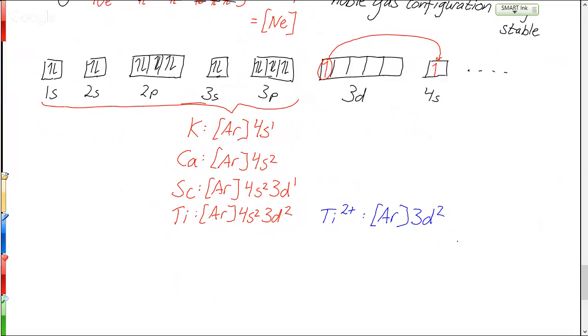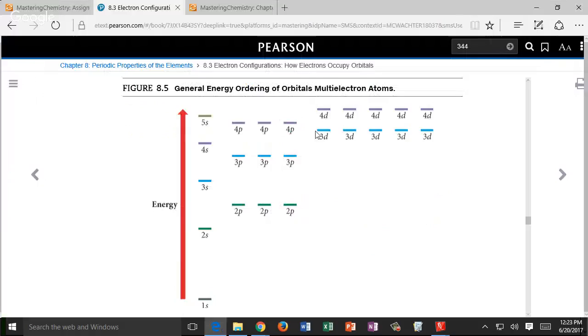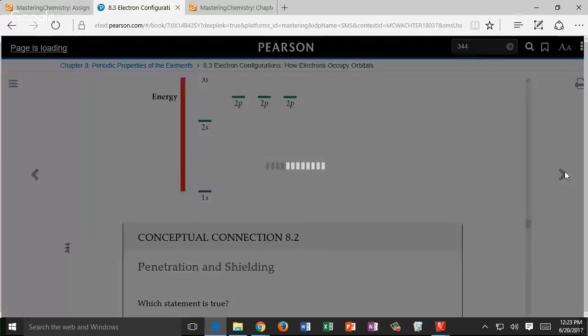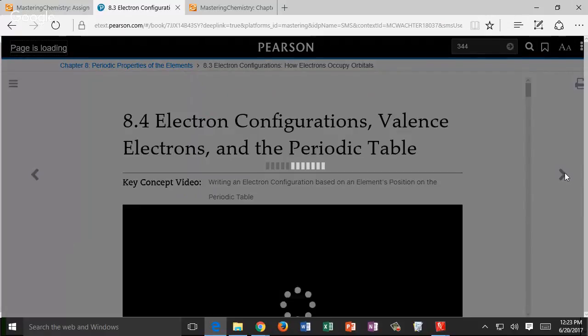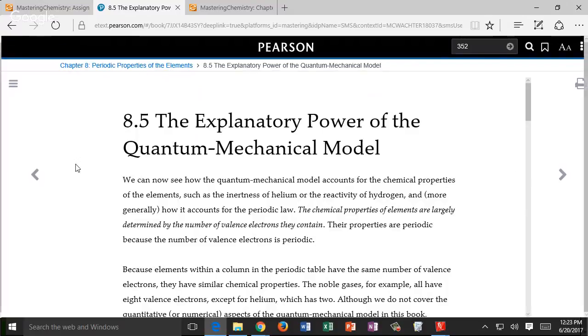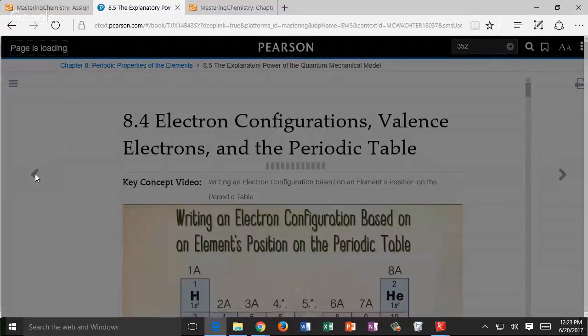All right, so rather than count all these out over and over again, let's grab a chart from the book so we can have it in the notes and talk about some of the weirder ones that are going to come up here.